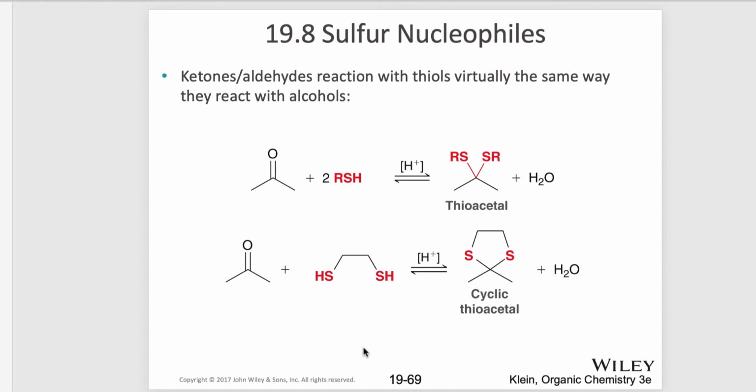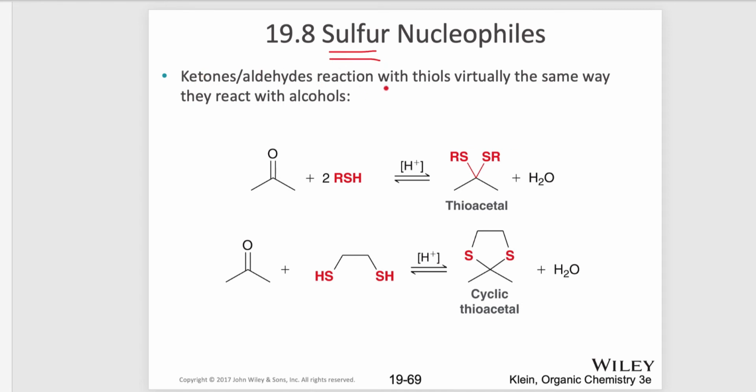Now we want to continue our pattern recognition. We're going to switch back to a forward direction where we are functionalizing the carbonyl group into other groups. So we had learned about acetal and hemiacetal with oxygen nucleophiles. Well, what's underneath oxygen? Sulfur. It's bigger, but we can do very similar chemistry.